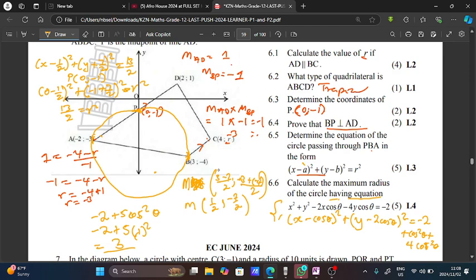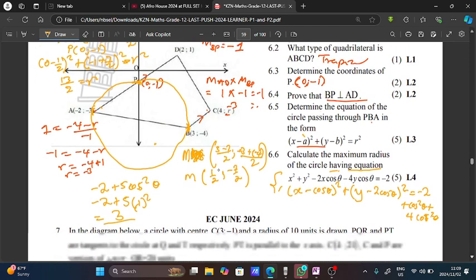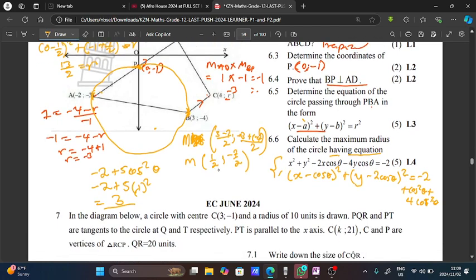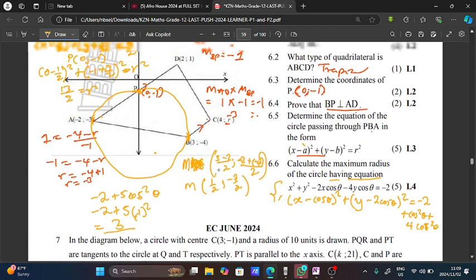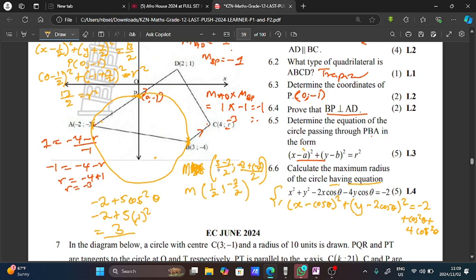No questions? Yes, radius. Minus 2, yes, this is r.